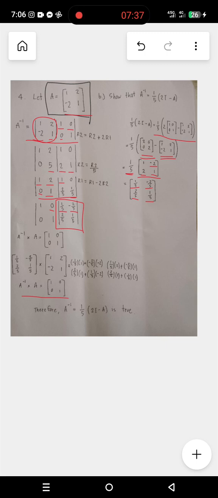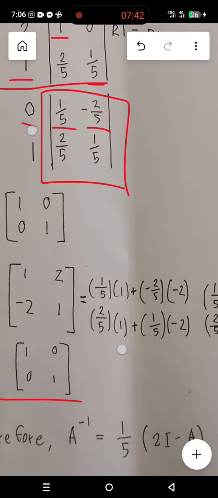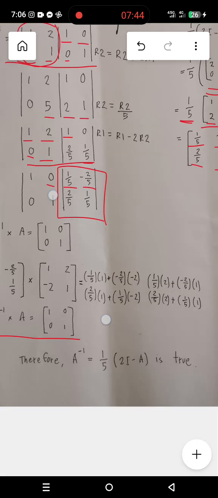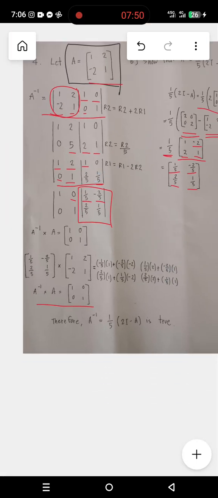So this is our inverse of A, and this is our resulting matrix after solving for 1/5 multiplied to the quantity of 2 times the identity matrix minus A, and it is equal. Therefore, the statement that the inverse of A is equal to 1/5 multiplied to 2 times the identity matrix minus A is true. So we have already solved this problem.